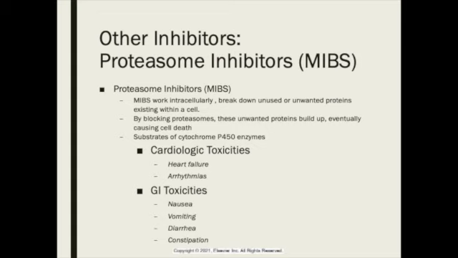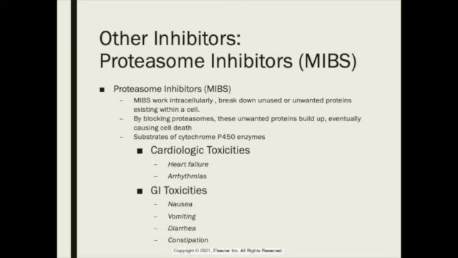The last set of inhibitors we're going to look at are called proteasome inhibitors, and sometimes they're called MIBS. And they're kind of like the tyrosine kinase inhibitors in that they work intracellularly. The proteasomes break down unused and unwanted proteins that are in the cell. And if you block the proteasomes, then unwanted protein buildup eventually will cause cell death.